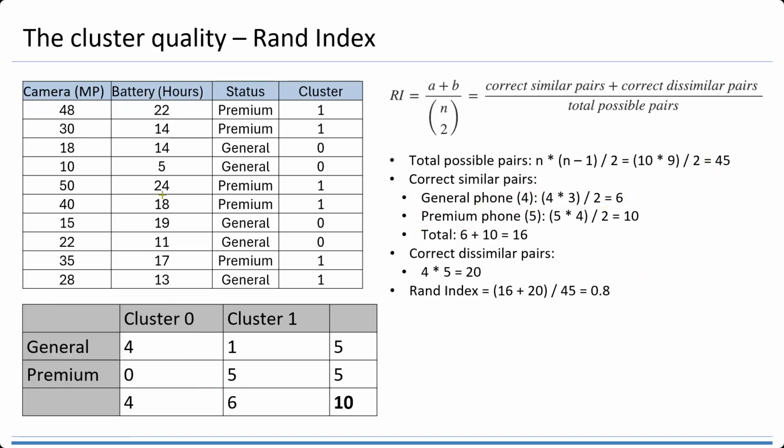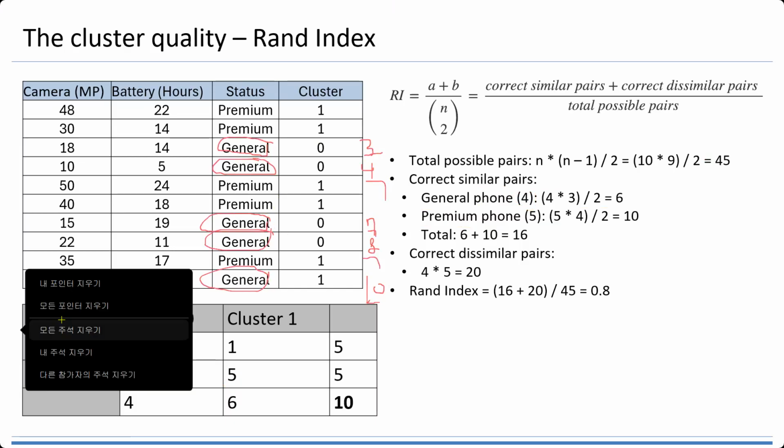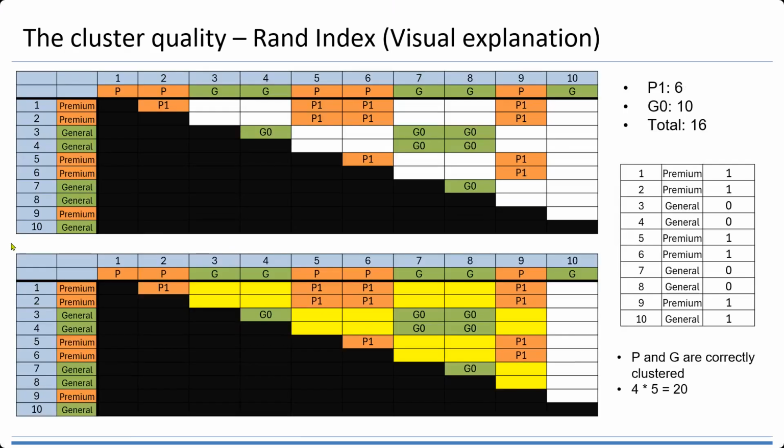So the general phone, if you see this one, this is data number 3. This is data number 4. This is data 5, 6, 7. This is data number 8. And this is data number 10. Okay, so 3, 4, 7, 8, and 10. Then we can check the data 3, 4, 7, 8, and 10. For the general phone, we have 1.